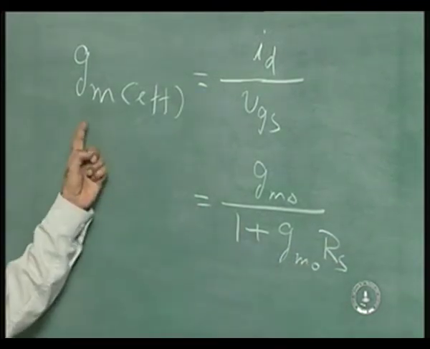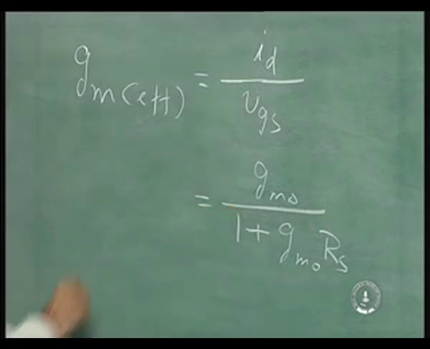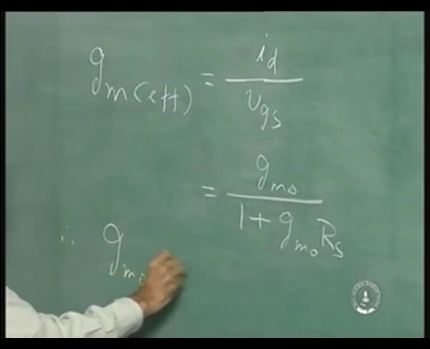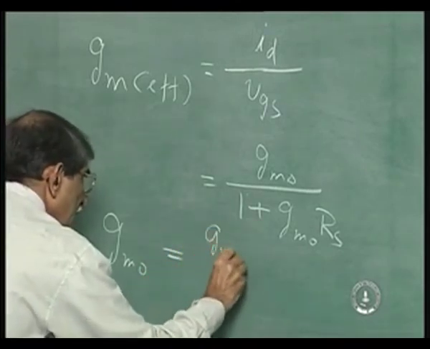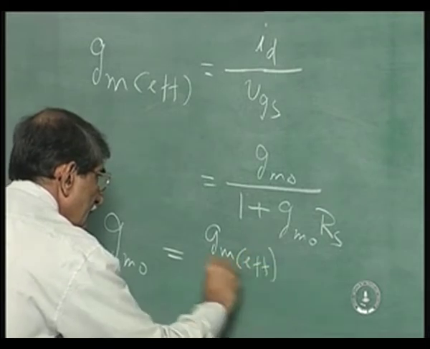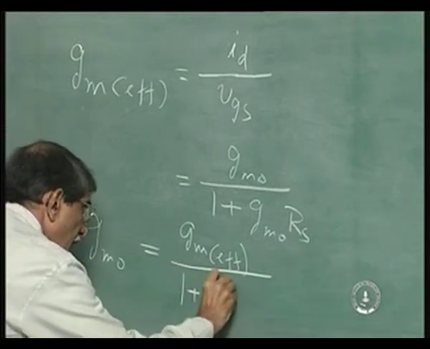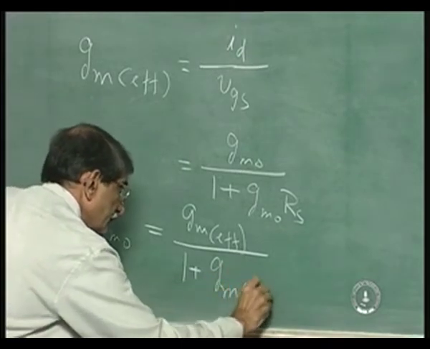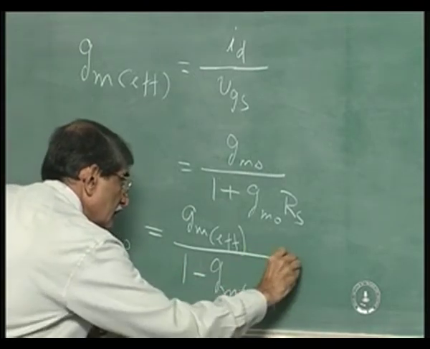Okay. What you measure is this quantity. What you want to take a look at is the intrinsic GM0. From this equation you can rearrange: GM0 will be equal to GM effective divided by, just rearranging this, 1 minus GM effective into RS.